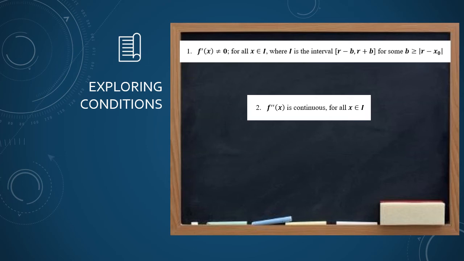But looking at the proofs for any method really, not just Newton-Raphson, can sometimes show you what conditions need to be met for something to converge or something to happen.